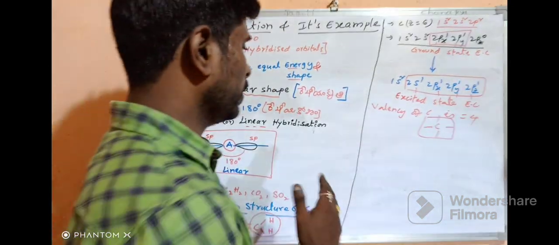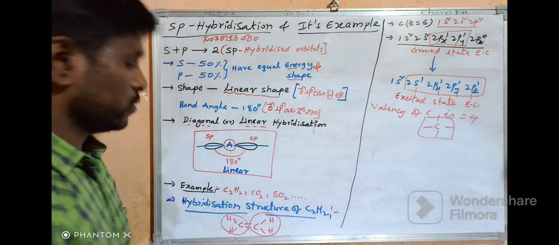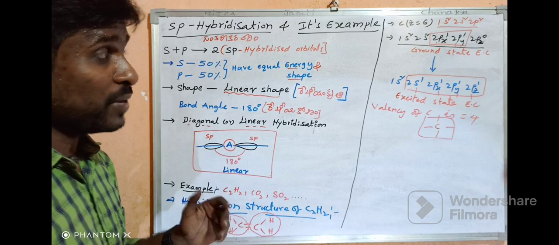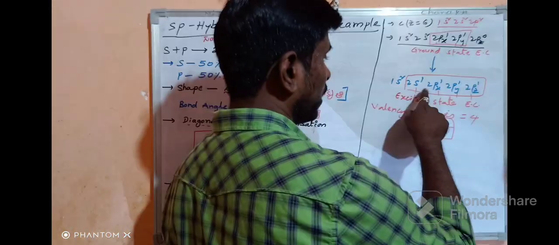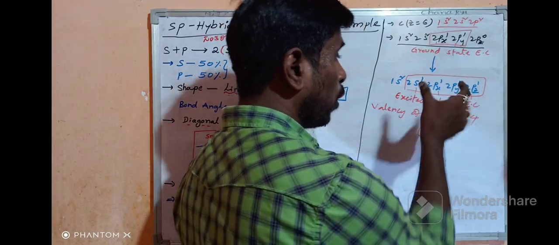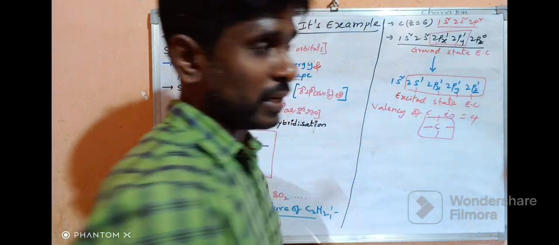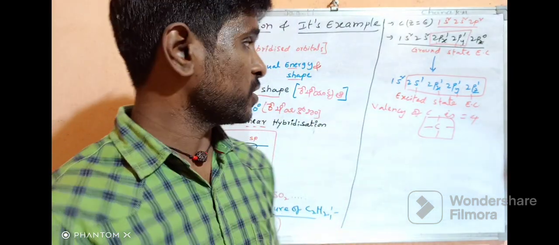Now we have discussed acetylene, C2H2, and the hybridization structure. Here how many unpaired orbitals are there? 2s, 2px, 2py, 2pz. Among these 4 unpaired electrons, only 2 orbitals are involved in sigma bond formation.